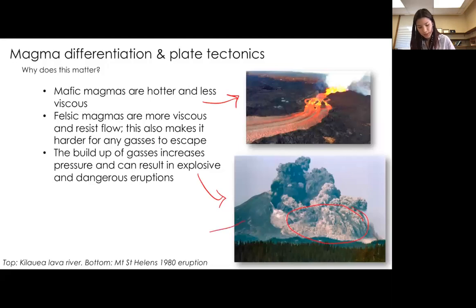So Mount St. Helens is a result of an ocean continent collision, and in particular, it's the oceanic Juan de Fuca plate, which is a small plate that mostly exists just offshore of Oregon and Washington, colliding with the North American continental plate.